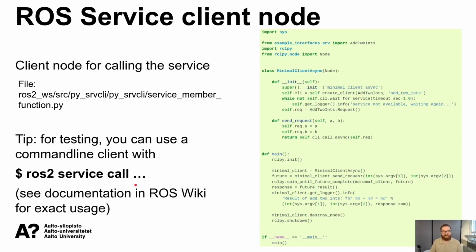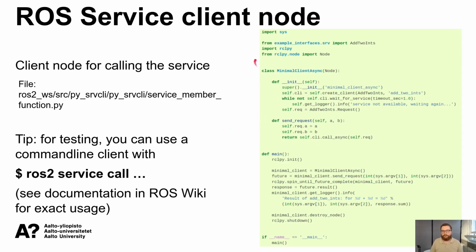So basically a one-liner for creating a very simple client node. So this ROS2 service call, and then here you insert the request message in the format that is required. This creates a basic service call which then outputs the response to the terminal.